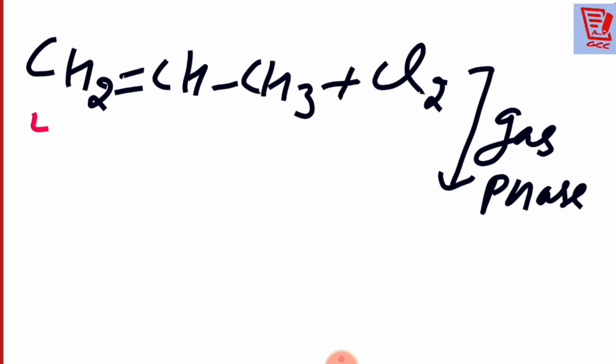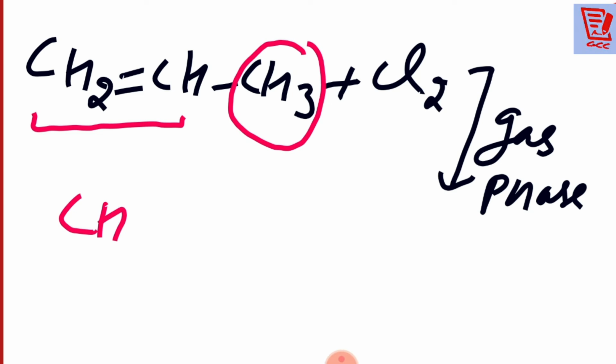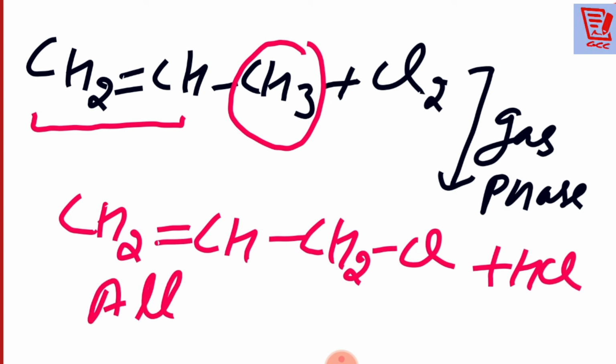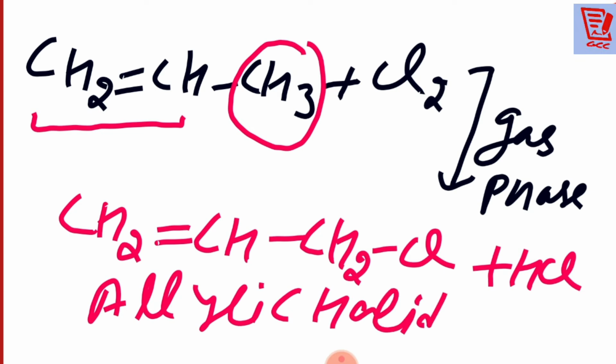You can't make any change over here; you can make a change only over here. So it becomes CH2 double bond CH2Cl plus HCl. I think I told you previously also, this is called allylic halide. What have we made there? Yes, this is called allylic halides. Is it clear?